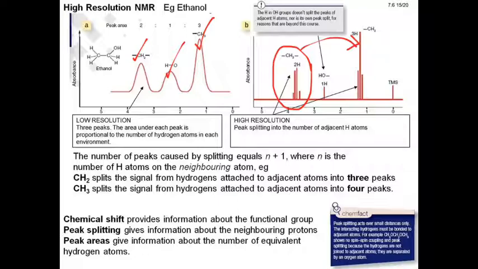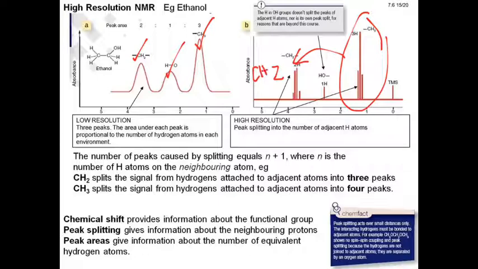So that tells you that it's got 3 in it, so it's obviously got to be CH3. Now if you look at this particular one here, that's split into 3, and therefore that tells you that the neighbour must have had 2 in it, so that's going to be CH2.